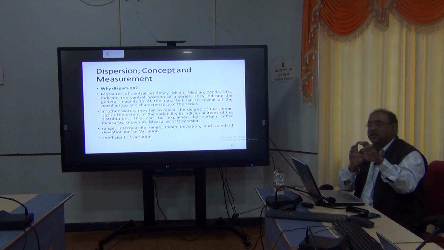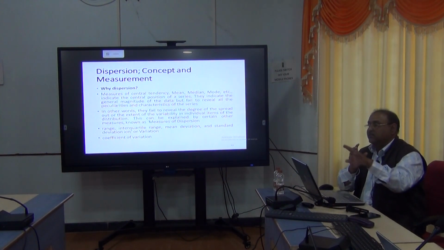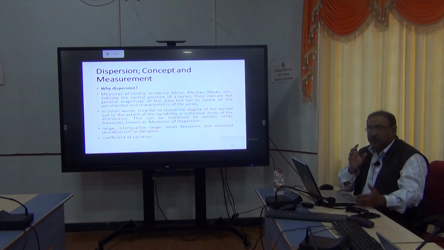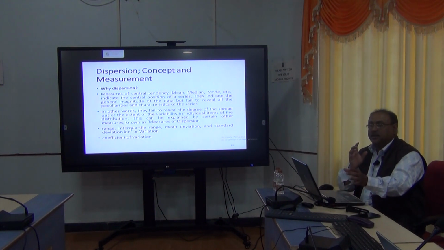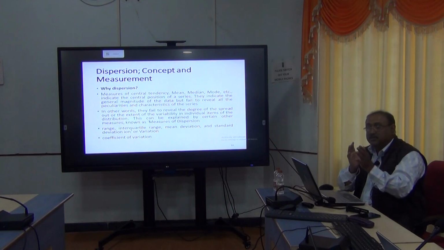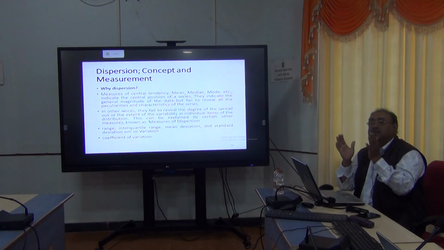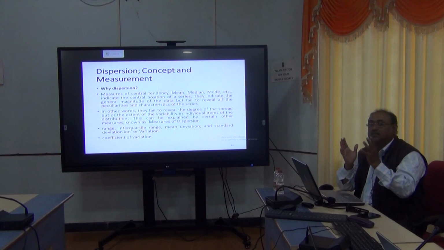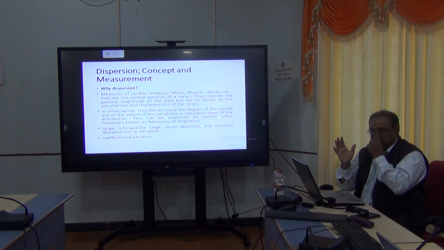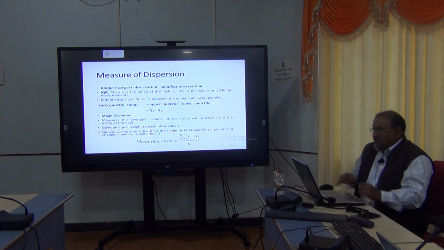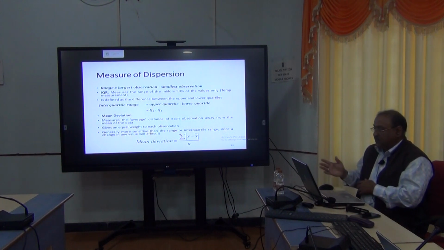You can take, let's say, the poorest 20% in income, the middle 40%, and the upper 20%. This kind of flexibility adds a lot of insight into your distribution. So this is the kind of measure of dispersion.